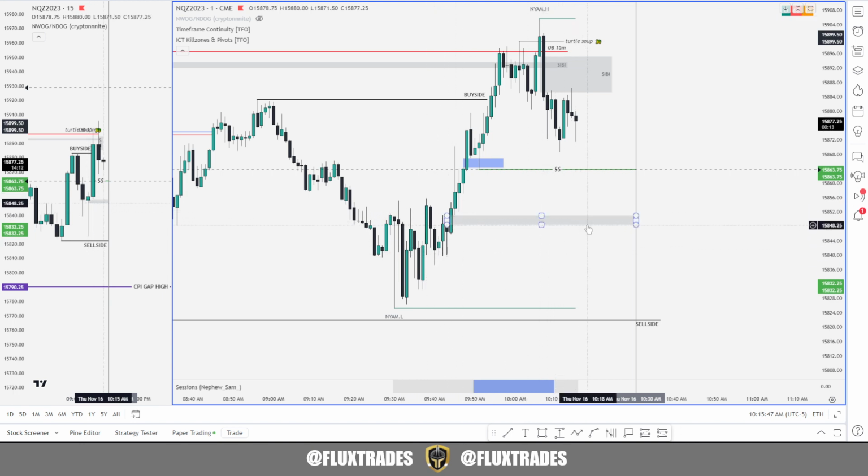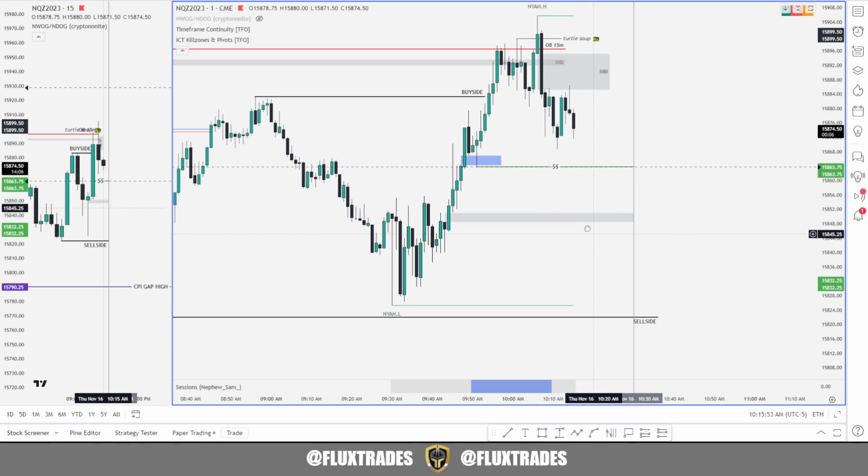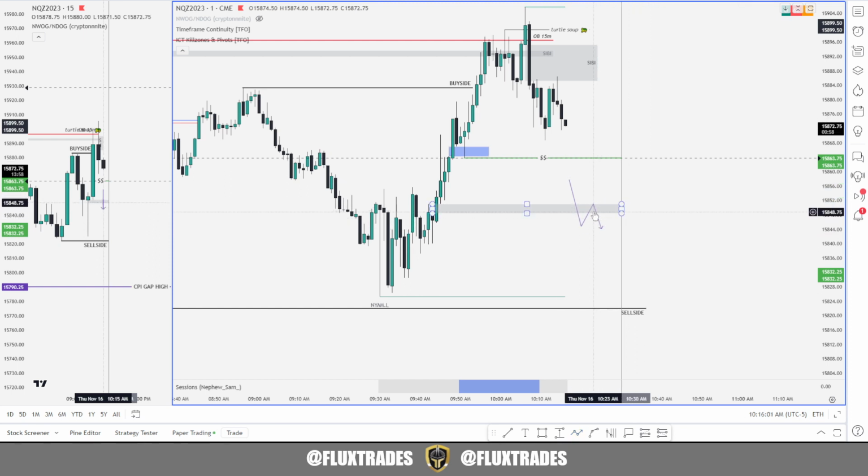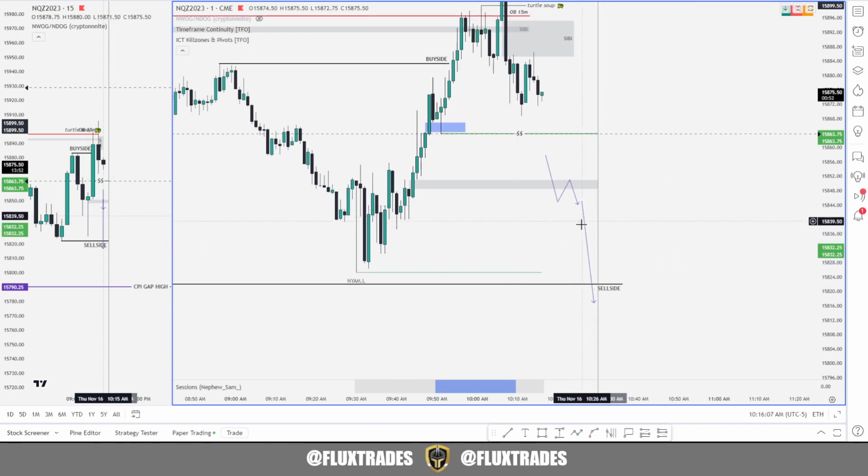We see a rejection off of it, maybe filling another SIBI. We trade through it again, and then once we trade through it and close below here, so once we see something like this, once we trade below it, we should just see quick acceleration, speed, all the way down into the sell side. Okay, and then if we have inefficiencies here, we trade up through those gaps, same exact kind of stuff.